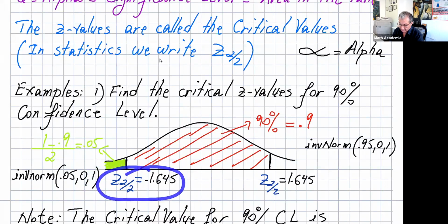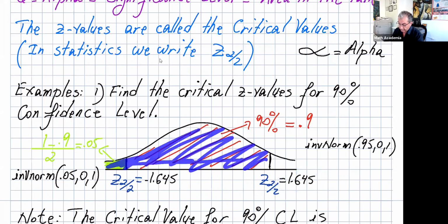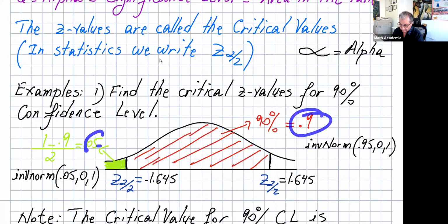So the left number is negative 1.645 and the right number is positive 1.645. If you want to directly find that, you have to know the area to the left of that value, which is 0.9 plus 0.05, and that is 0.95. If you do inverse norm 0.95, then you get positive 1.645.